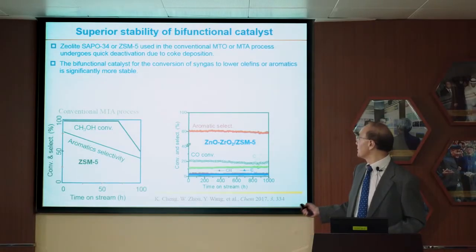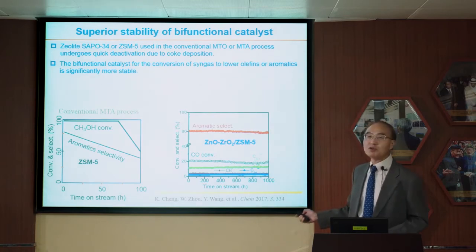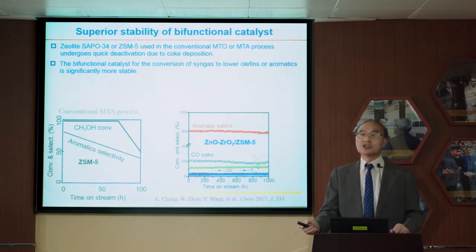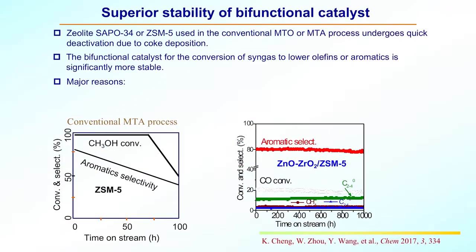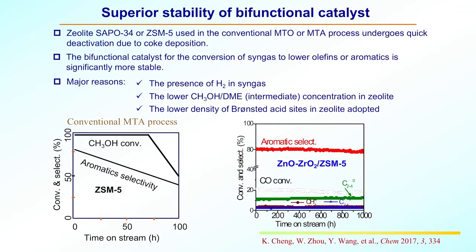For example, this zinc zirconium oxide ZSM-5 bifunctional catalyst is stable for 1,000 hours during the conversion of syngas to aromatics. Our studies suggest that the presence of hydrogen in syngas, the lower methanol and DME concentration in zeolite, and the lower density of Brønsted acid sites in zeolite adopted in this work should be the major reasons for the higher stability.